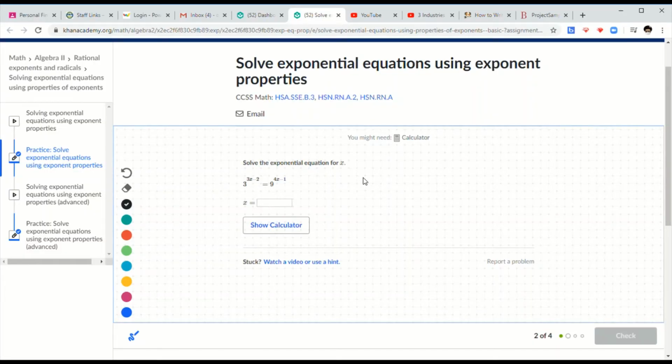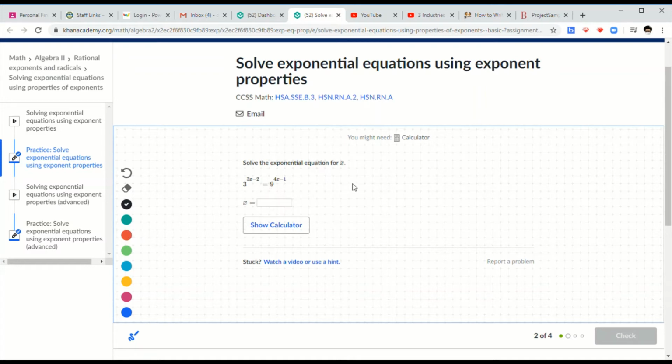Question number 2. We have 3 to the 3x minus 2 equals 9 to the 4x minus 1. I need to switch this 9 up to have a base that is equal to 3. Well, 3 squared gives me 9, and the base is 3.